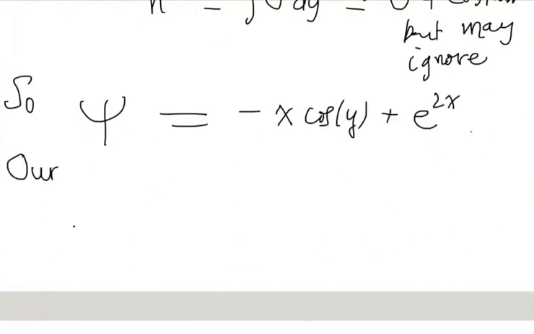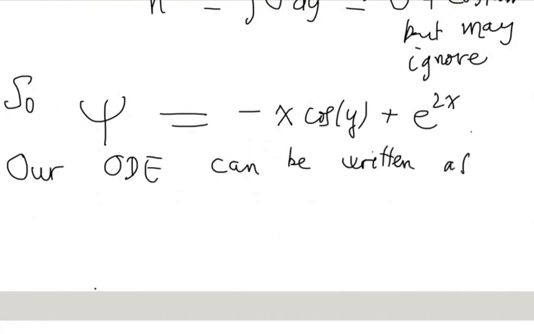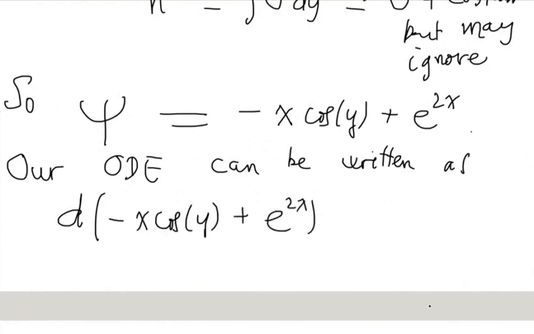Then our ODE can be written as a total differential d of minus x cos y plus e to the 2x equals 0.